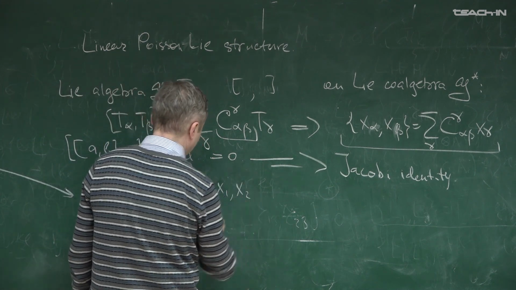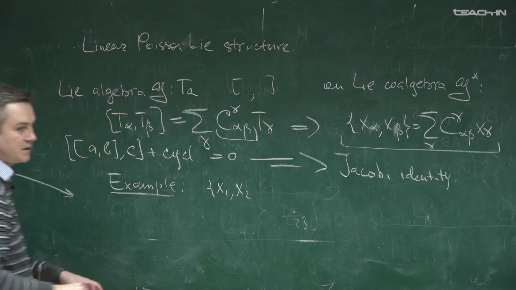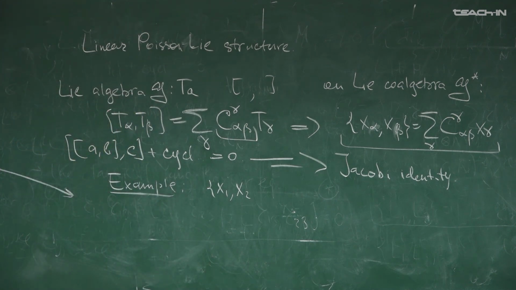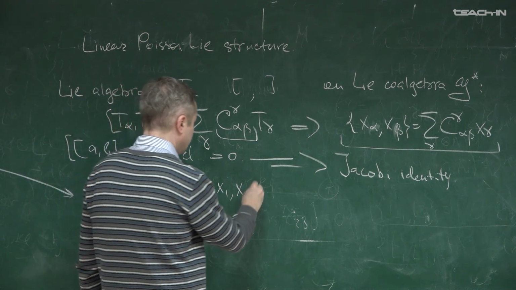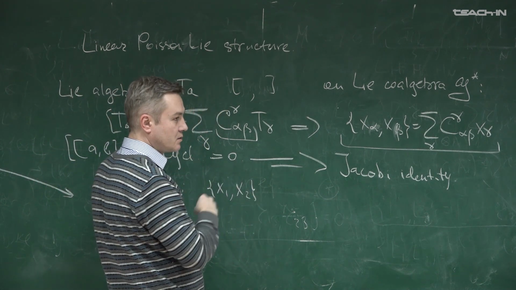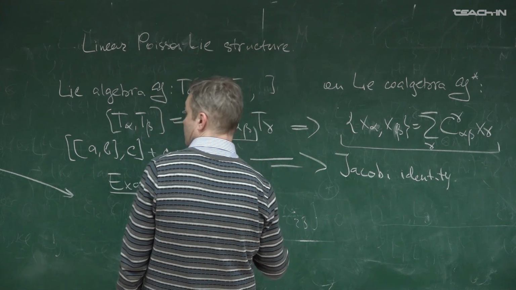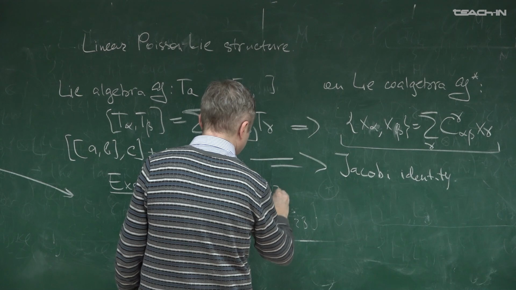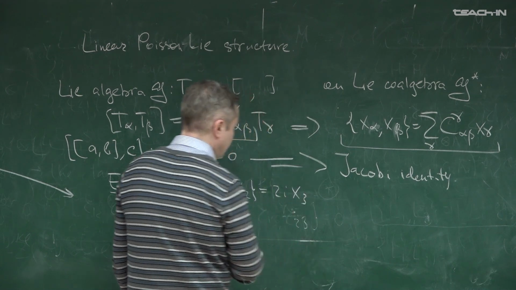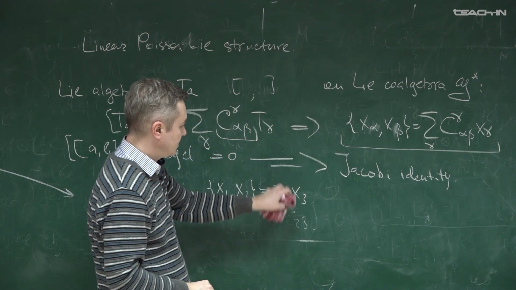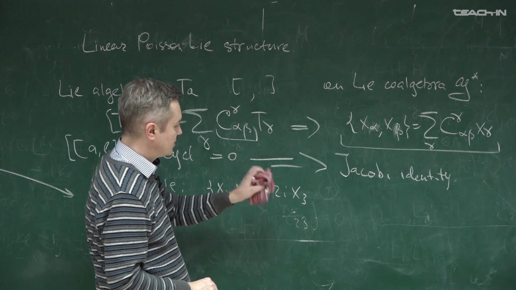So our phase space is now three-dimensional. We have three generators here, and so we have three coordinates when writing some Poisson brackets on some three-dimensional space. We may write it like this, but in fact, this 2i is not important.